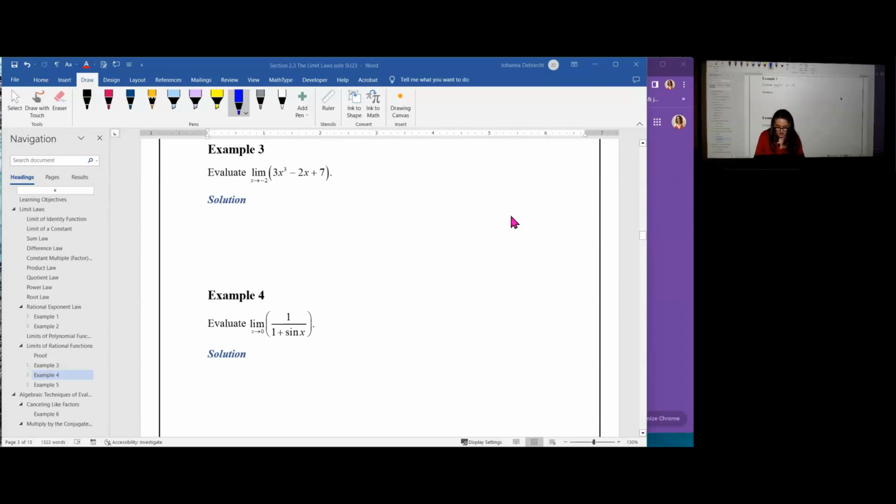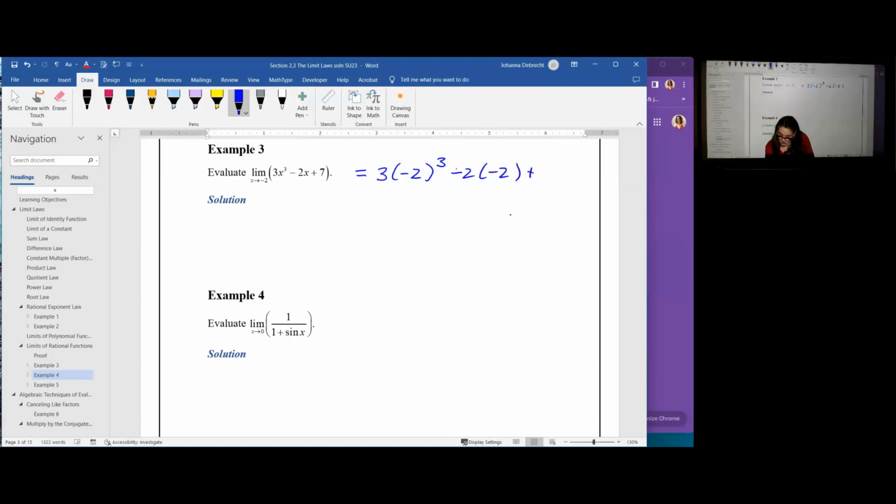Let's take a look now at examples 3 and 4. When we see a limit, the first thing we do is substitute the value of what x is approaching into the limit function. If we get a finite real number, we are done. So first thing I'm going to try is substituting -2 for x.